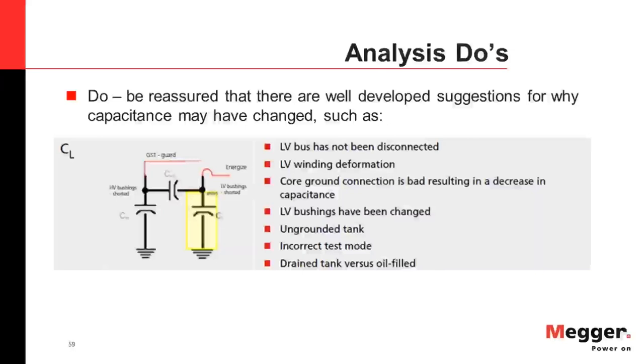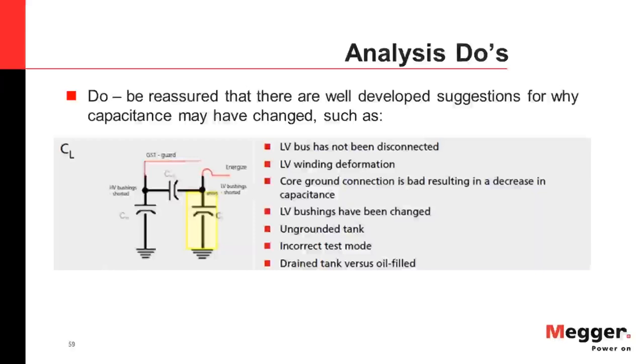Or for CL specifically, my core ground connection may be bad or may be going bad, and that can also result in a decrease in the CL capacitance. The TLM bulletin explains in detail how that happens. Or the low voltage bushings may have been changed to something completely different. Maybe there are no direct replacements for the bushings I had in place, and so I've gone to something of a different dimension and size, and that could cause my CL capacitance to look different.